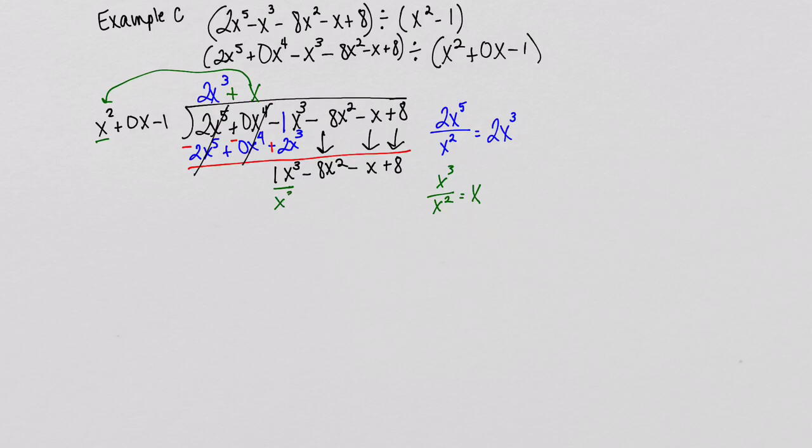I want it to, because those need to be the same. And then I'm going to distribute that to my 0x. So just use the 0. The x times x is x squared. Distribute to the -1, so minus x. And then again, we will draw the line and change the sign.